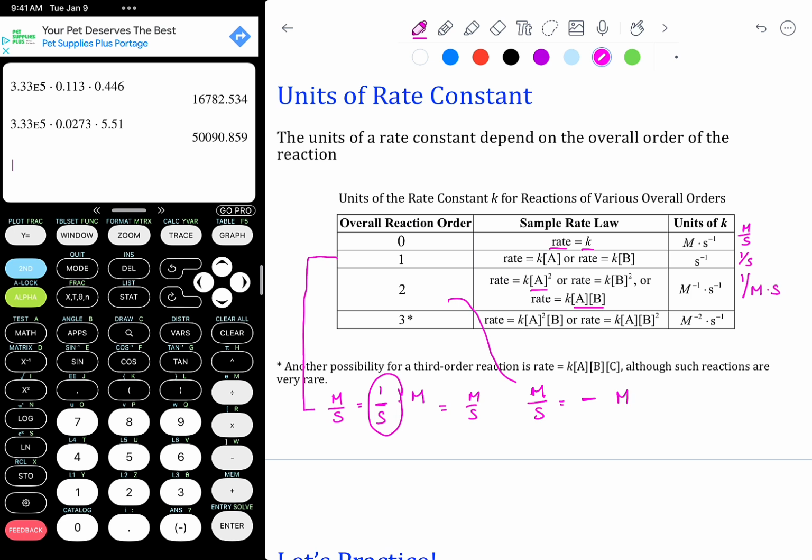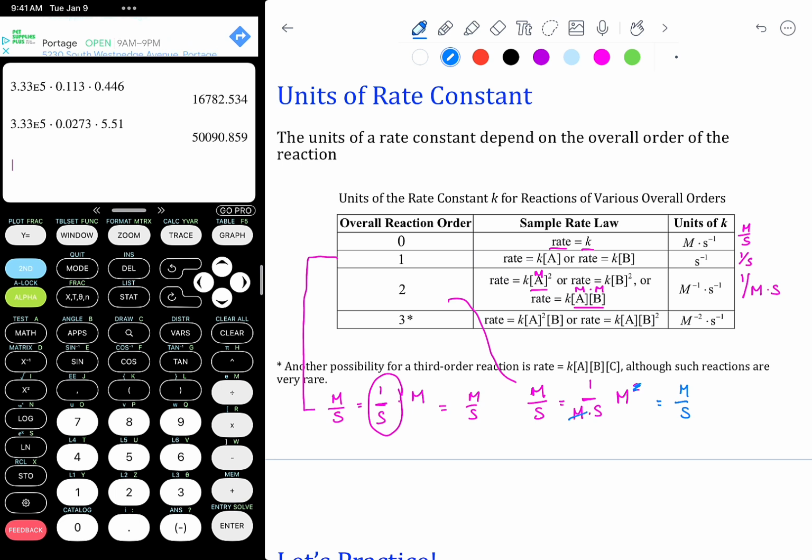It would end up being molar squared, right? If I have molar times molar, that would be molar squared. If I have molar and then I square it, it would end up being squared. So my units of K have to be 1 over molar times seconds, so that this molar cancels out with one of these molars, and I'm left with units of molar per second.